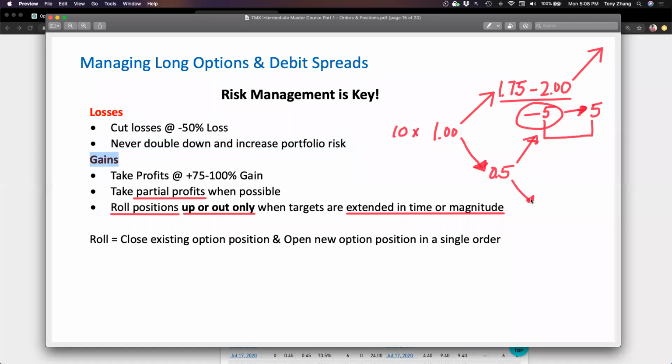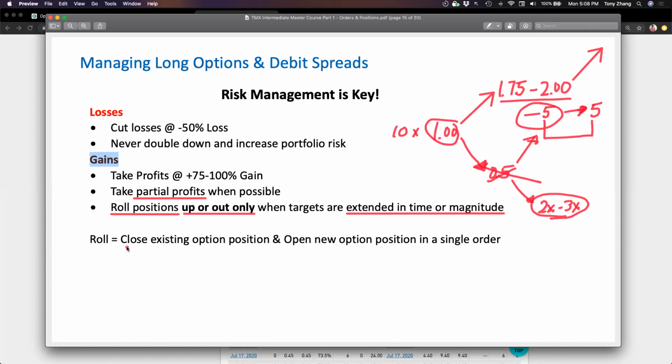And now you've lost even more money. Now you've lost twice as much money or 3 times more money. So generally speaking, you want to avoid rolling a losing trade so that you don't end up wiping out 2 to 3 times the original investment. You only think about rolling when the trade goes in your favor, to reduce your risk.